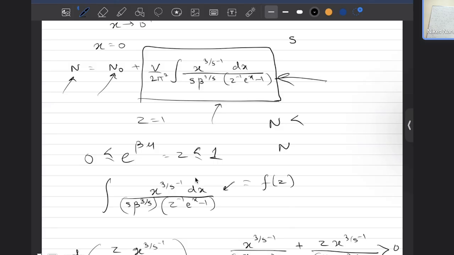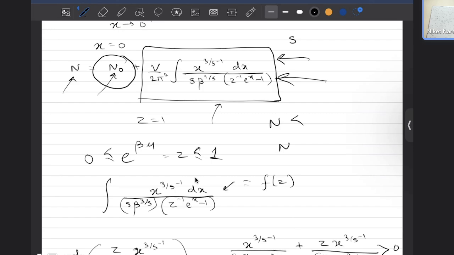Now, if the number of particles that I have is greater than that value, then I would have a lot of particles which cannot be accommodated by this function in the excited states, and they will all settle down in n0, which is the ground state.